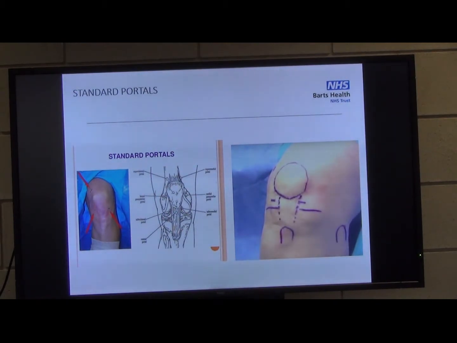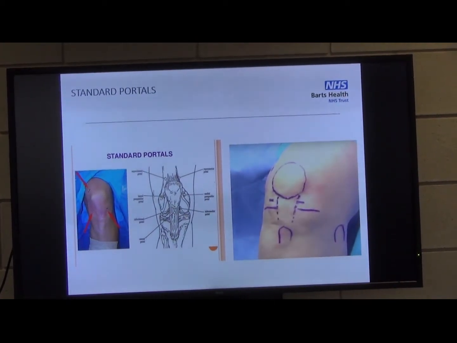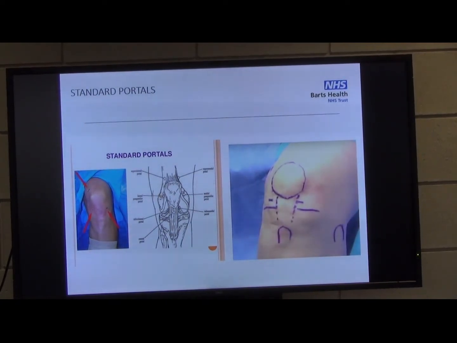When you're starting to do arthroscopies, it's important to mark the anatomy, so mark your tibial tubercle, patella tendon, patella, and the joint line. And you're aiming to be about a centimeter above the joint line to avoid the meniscus. You start obviously with the lateral incision first, get that lateral portal done, and then the medial portal you can then make the incision while you're looking at it from the side of the knee.